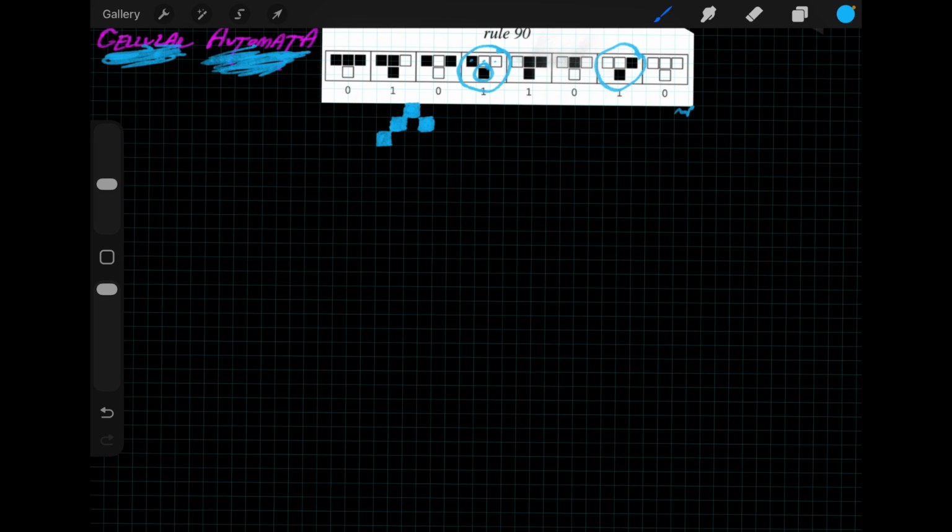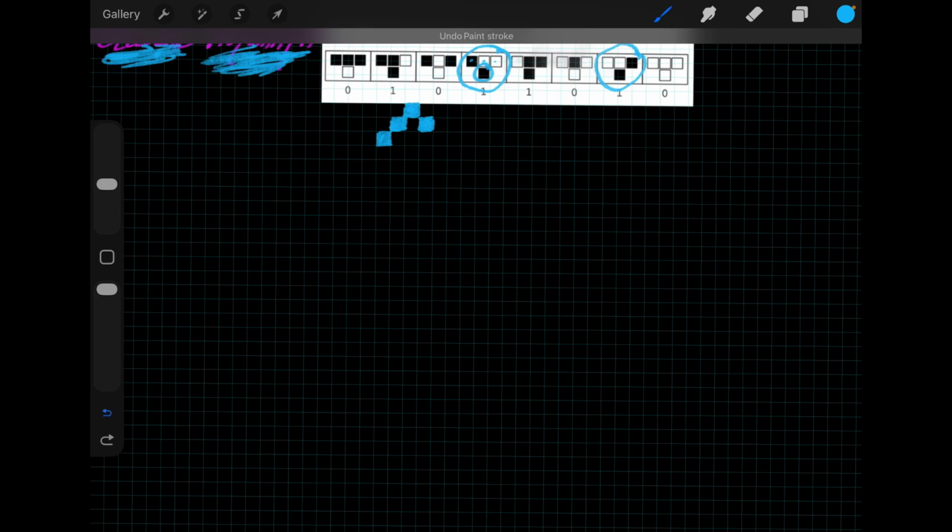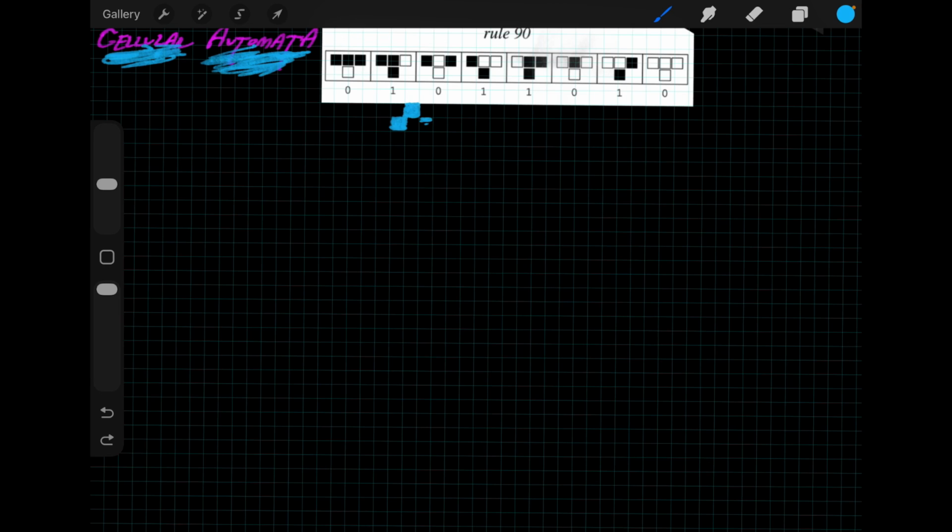But I could easily change the rule so that if I have this configuration, filled in, not filled in, then I would fill it in, and that changes it to a different cellular automaton. But for our purposes, we're just going to keep going with this rule right here. Let's fill this in.